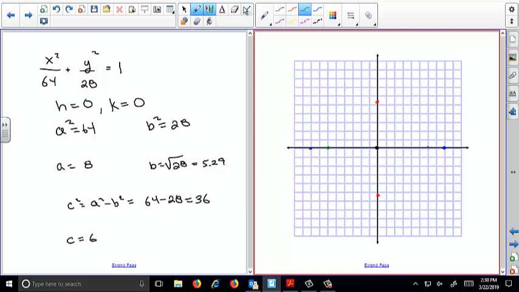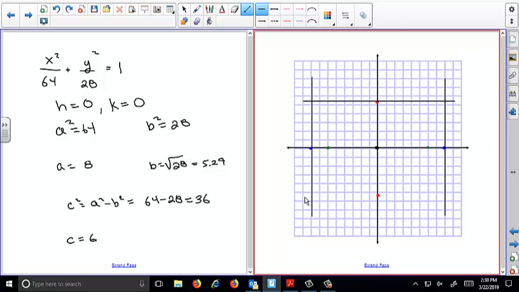So let's go ahead and draw in this box. So we're going to have a vertical line here. We're going to have a vertical line here. We'll have horizontal lines that go through that point, and horizontal lines that go through that point. And then we could sketch this thing in, so it's the same kind of deal.